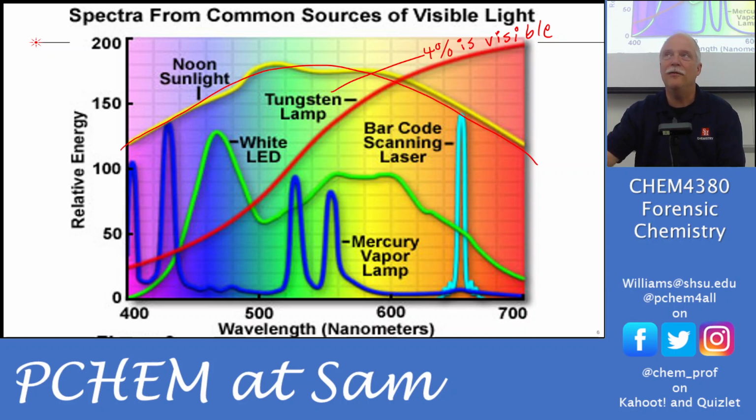The mercury vapor lamps or the fluorescent lamps, those are like 15% efficient, and LEDs are 20% efficient. So if you're at the grocery store and you see that bright light coming out of the scanner, that's a barcode. Look at its profile. It's a very narrow profile, and that's what you get from a diode.